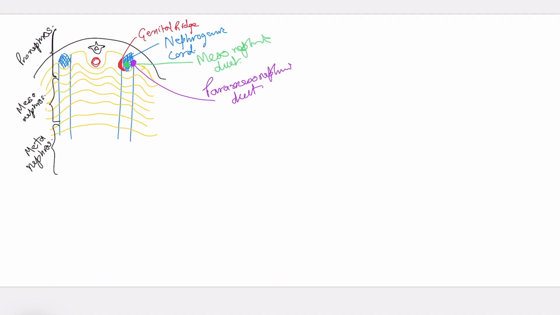Now look here, I'm going to zoom out this thing here. On the two sides you find the developing gonads, right? These are being developed from the medial edge of this mesonephros in the lumbar region by the formation of this genital ridge.